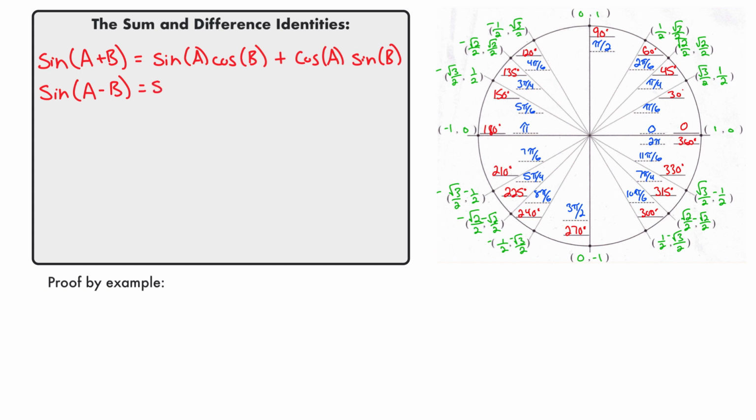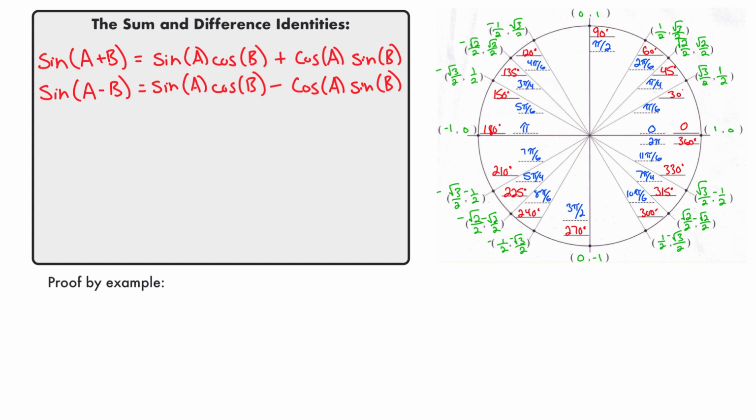So it's going to be sine of the angle A times the cosine of the angle B. The big difference is instead of adding the 2, we are now going to be subtracting the 2. So this is 2 of the 4 sum and difference identities. These are the 2 sum and difference identities for the sine function.